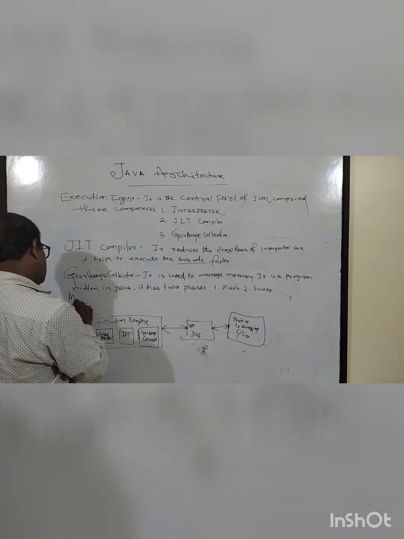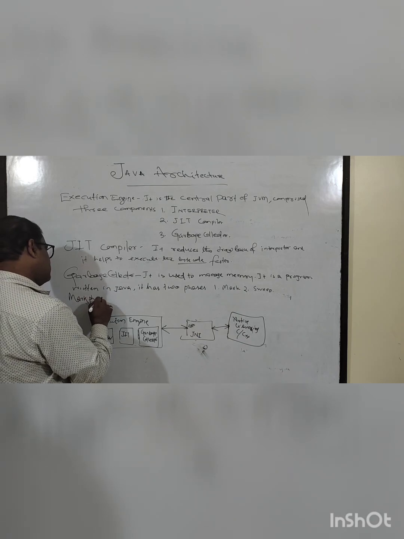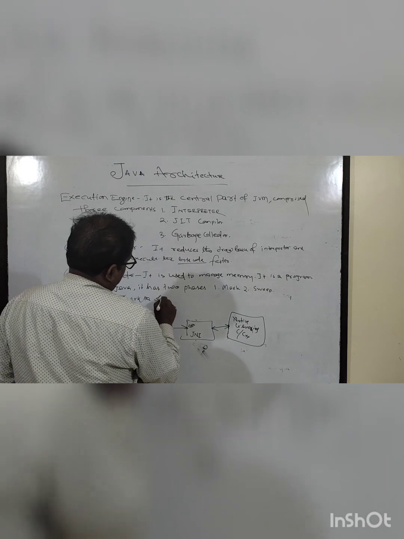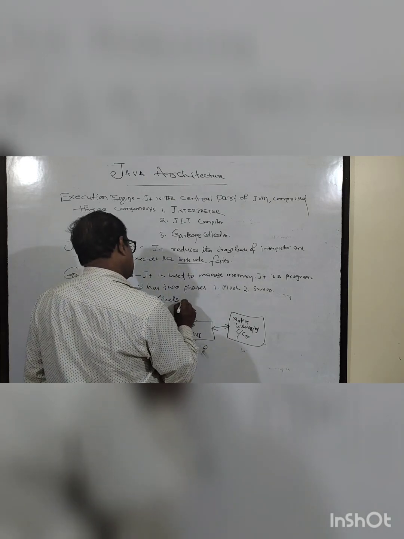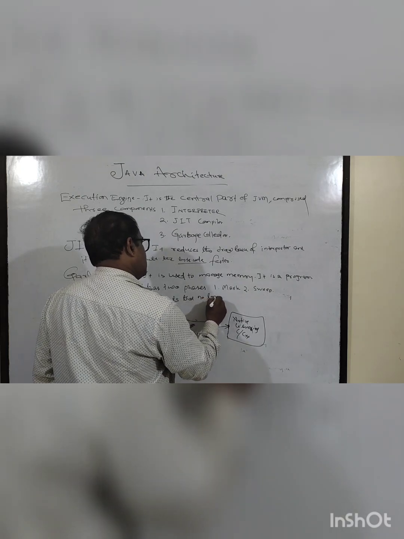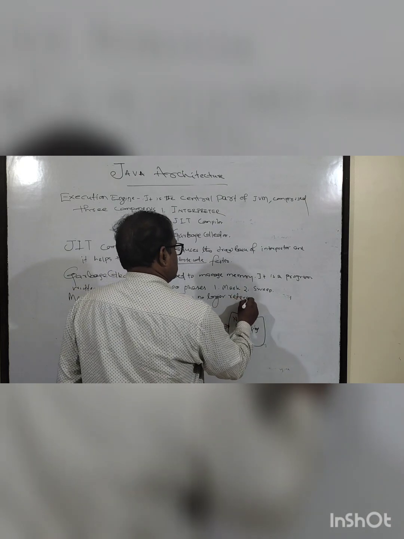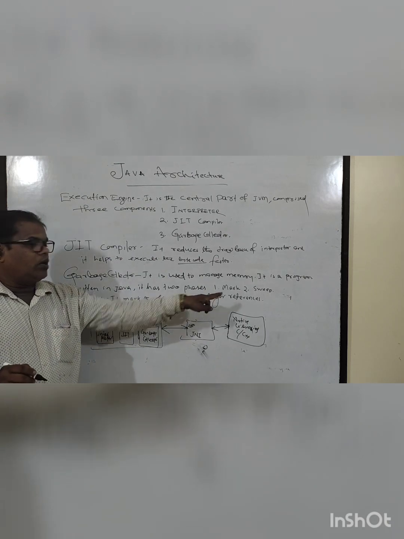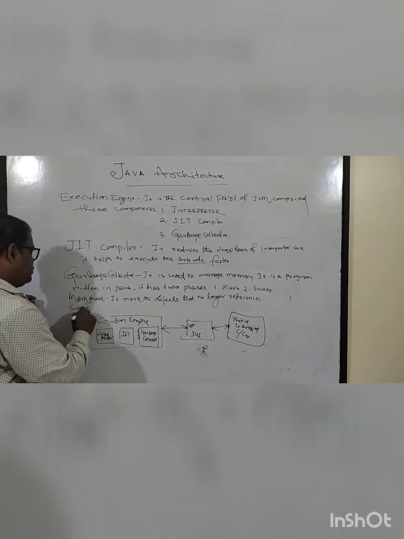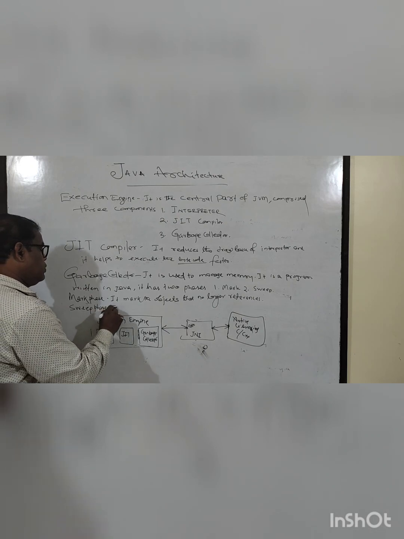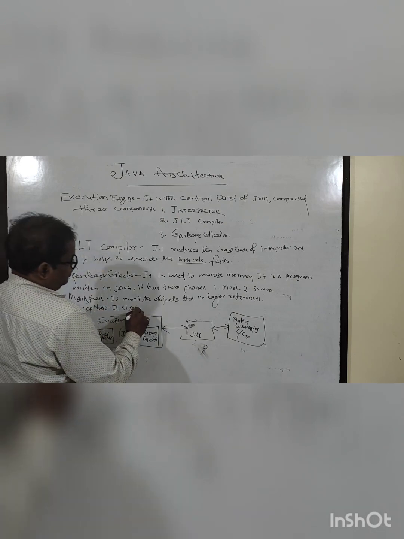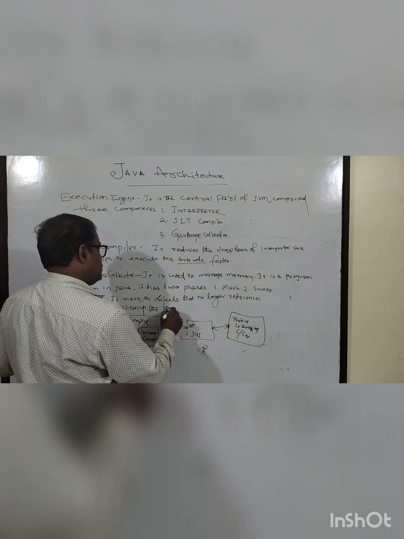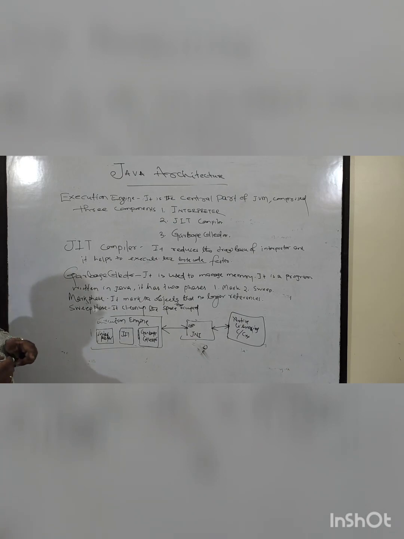Mark marks the objects that no longer have references, and sweep cleans up the space used. So this is the role of the garbage collector.